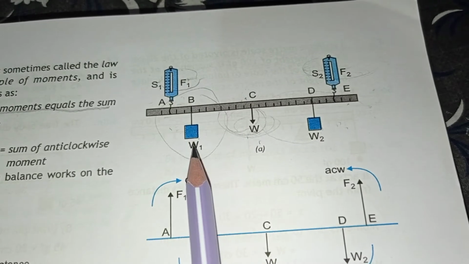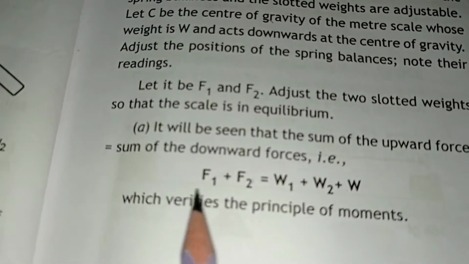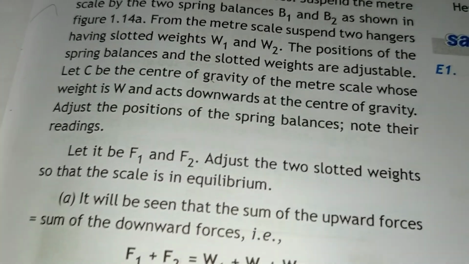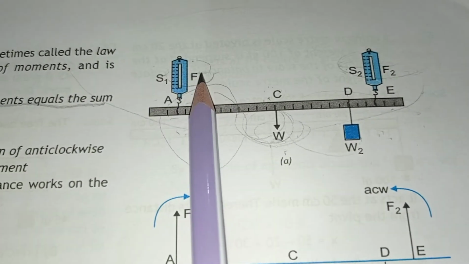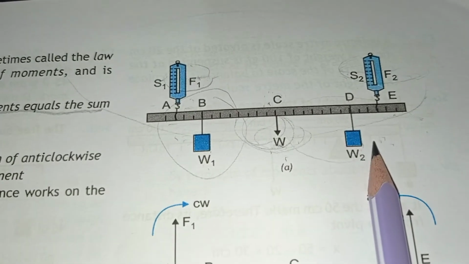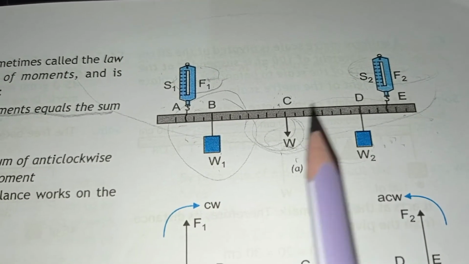What are the downward forces? W1, W, W2. It is experimentally seen that in this case the sum of upward forces is equal to the sum of downward forces. This is the verification of the principle of moments.